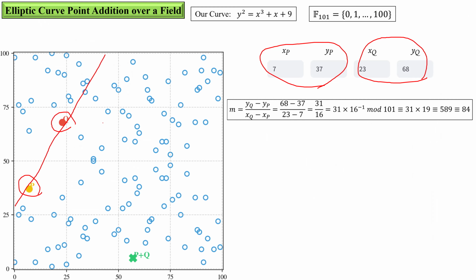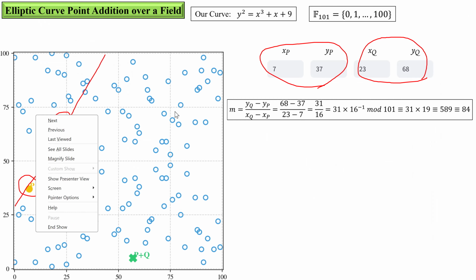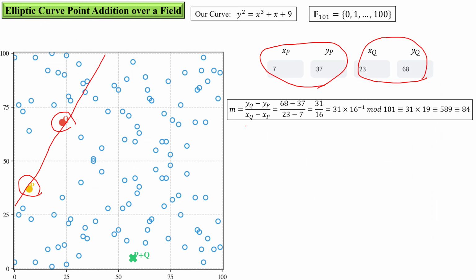The formula says that first you need to compute the slope of the line passing through the two points. We don't have a line here, but we use the same formula to compute the slope: y of q minus y of p over x of q minus x of p. If you replace the values, you will reach this.